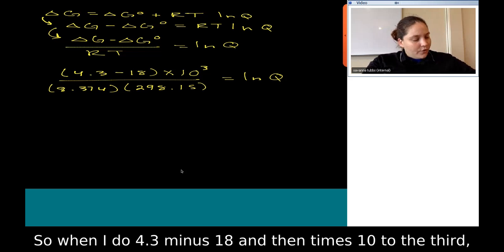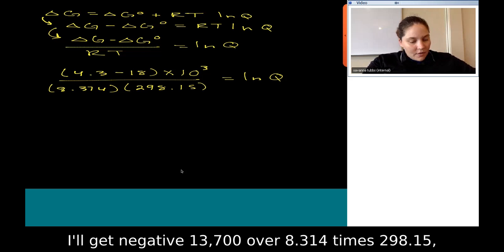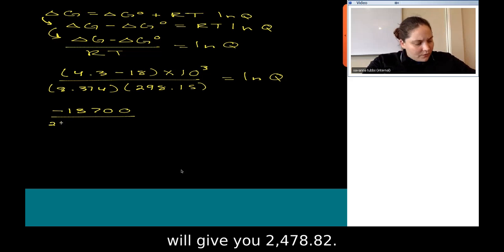So you convert whatever temperature you have in Celsius into Kelvin before you plug it in. So when I do 4.3 minus 18, and then times 10 to the third, I'll get negative 13,700 over 8.314 times 298.15, which will give you 2,478.82.